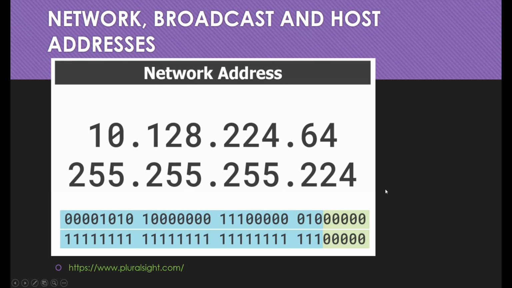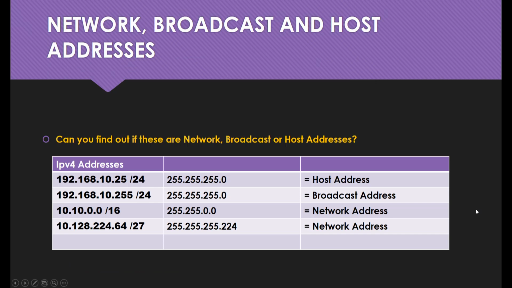And if you come up, when you've converted the IP address to binary, you will see that the host portion is all zeros. So this identifies this as a network address. So basically that is how we classify network, broadcast, and host addresses from an IPv4 range.